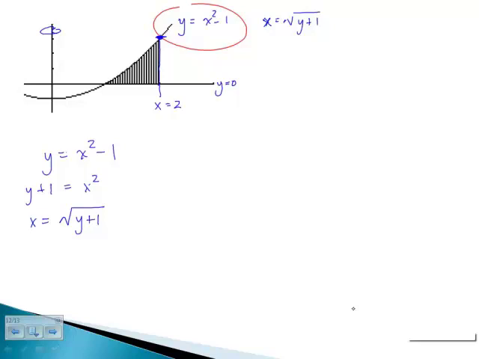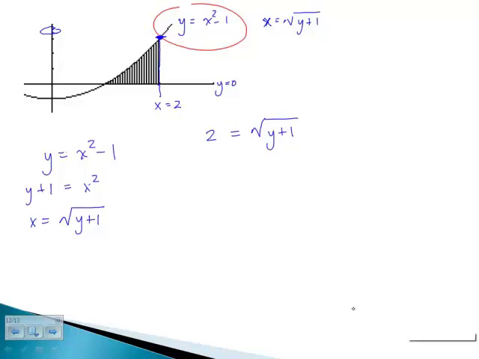So we need to know where the line x equals 2 intersects the curve x equals the square root of y plus 1. To do that, we will set the curves equal to each other. 2 equals the square root of y plus 1, and then we will solve the equation for y.